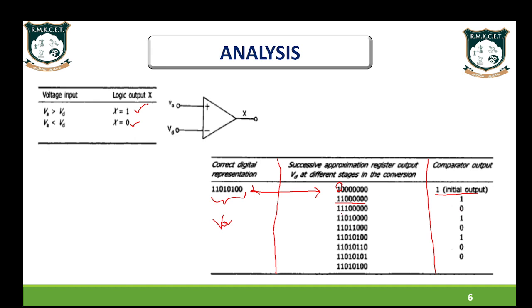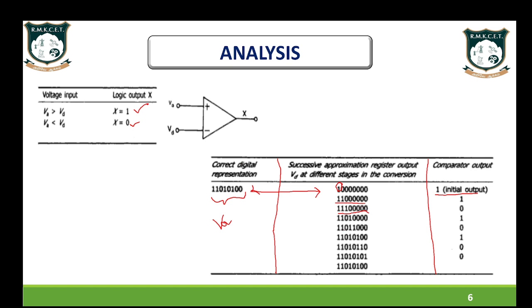If it is greater than, it will be provided as 1. Here we again convert this into a decimal equivalent number and compare the two. With the condition VA is less than VD, the output will be 0. If my VA is greater than VD, I provide my output as 1.